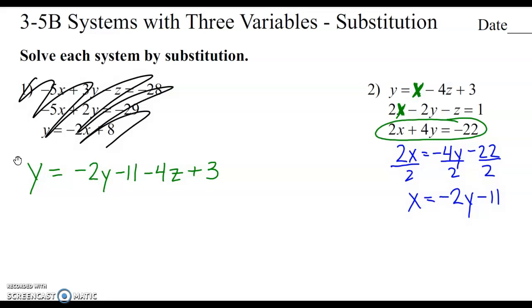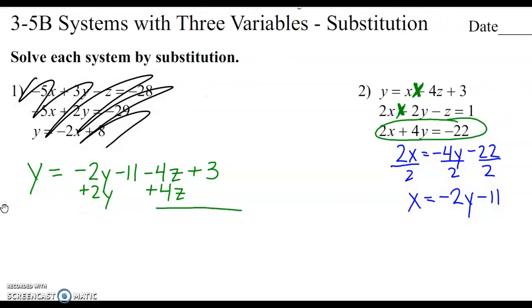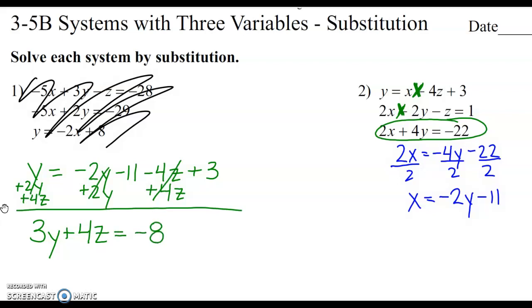So in cleaning it up, I want to take my y to the other side, and I want to take my z to the other side. So I added over 2y, and I added over 4z. So I'm sitting at 3y plus 4z equals negative 11 plus 3, which is negative 8.